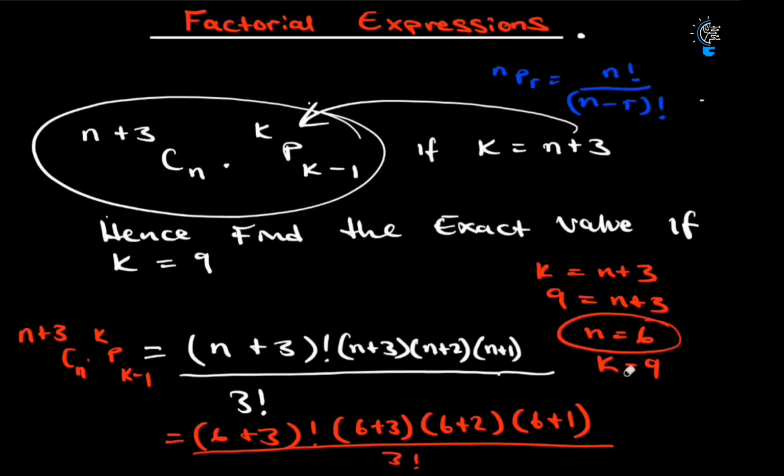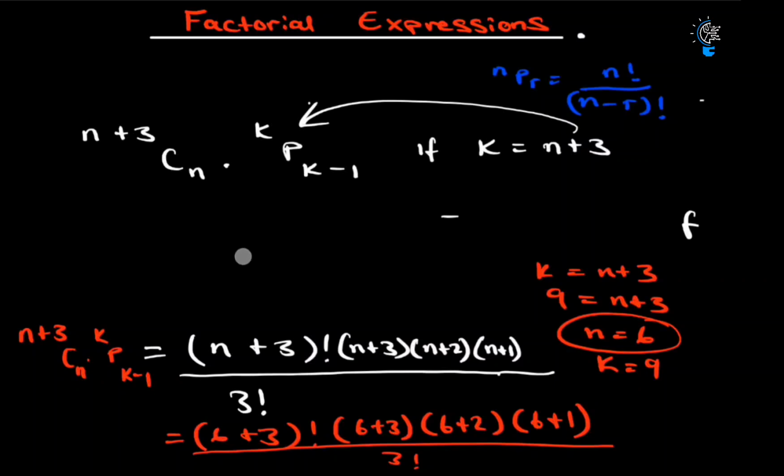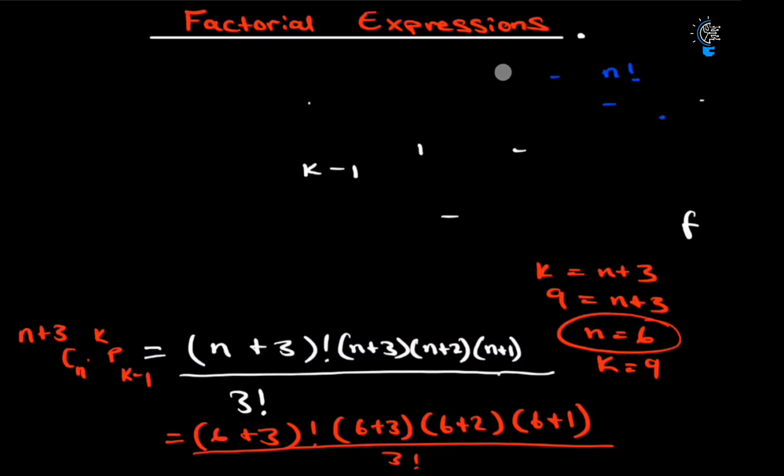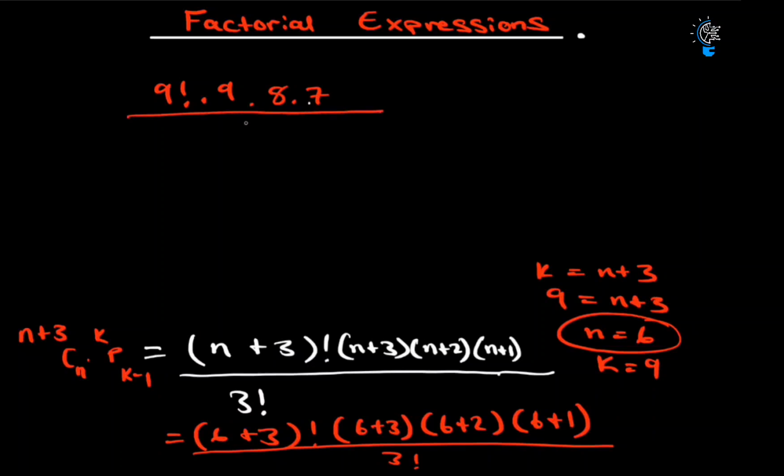Now we can get rid of everything on top. 3 plus 9, that's a 9 factorial. This part, it's a 9 as well. And that part, it's an 8. Then we have a 7, divided by 3 factorial.